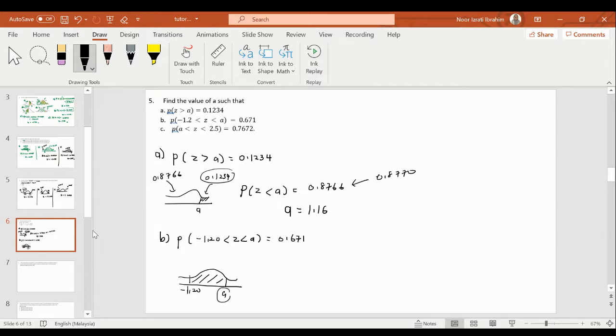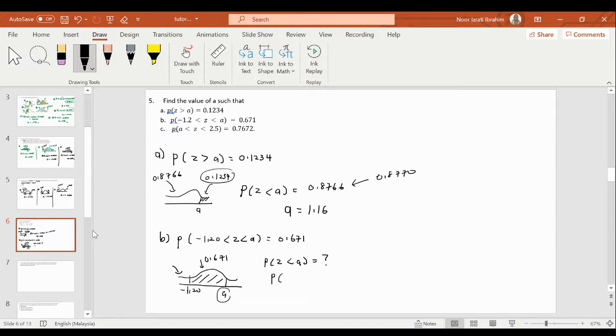And we want to find this a. So to find this a, you have to find the probability when z less than a. How to find that? It is given the shaded region is 0.671. We have to find the probability when z less than negative 1.20.